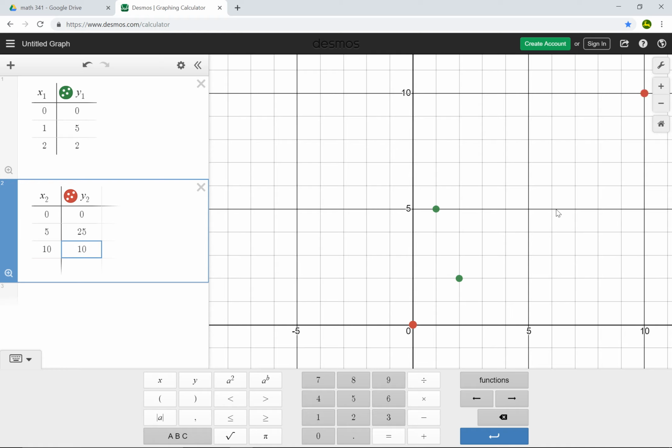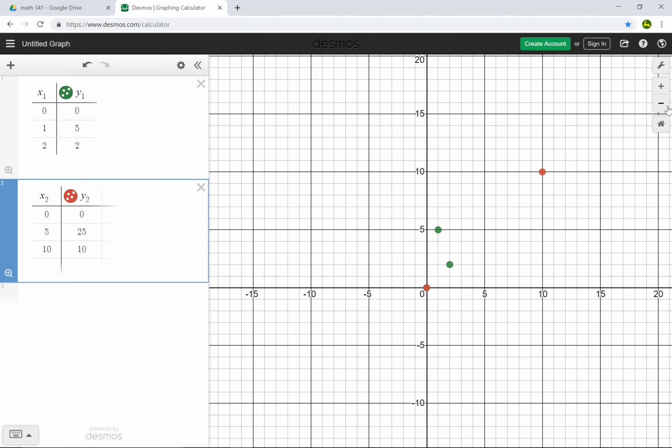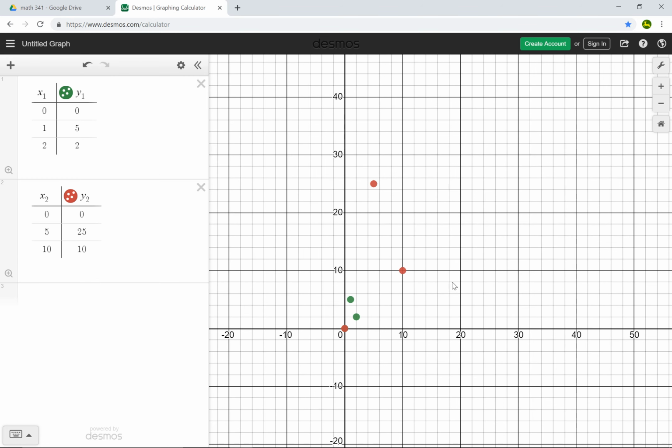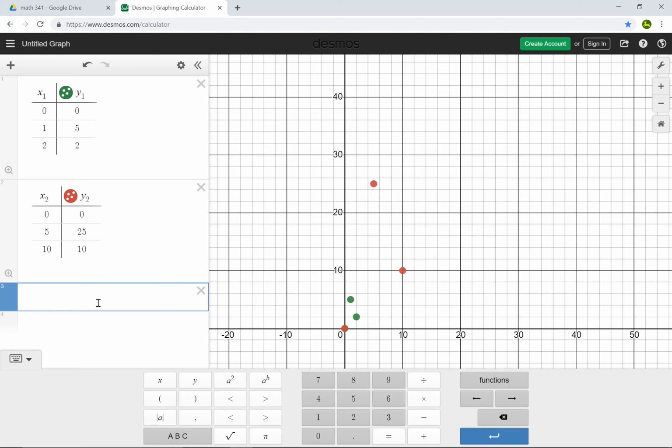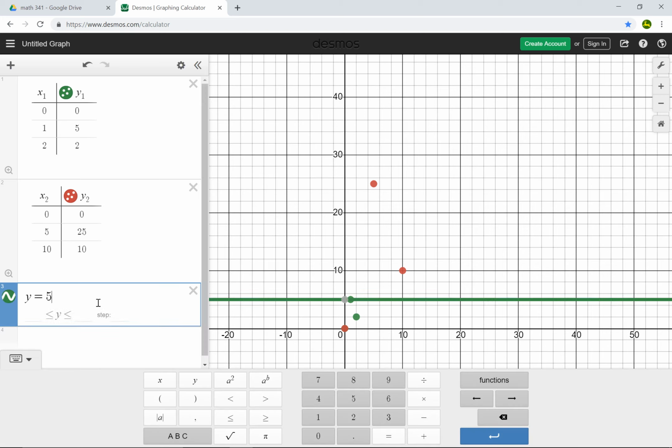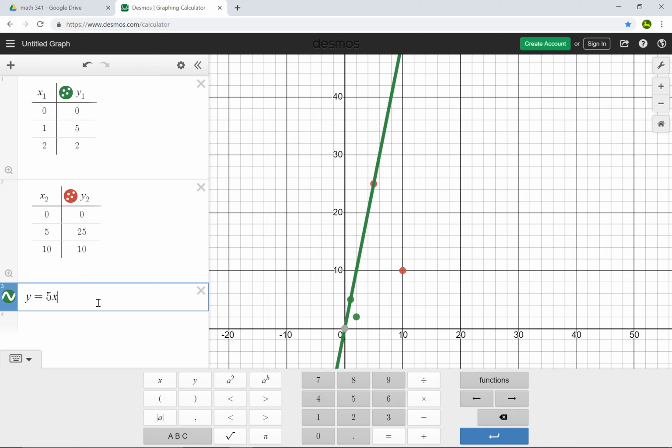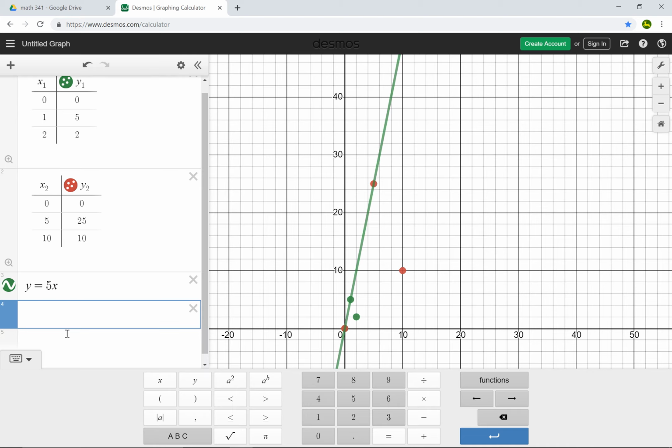And what you'll see is if you zoom out a ways, you can draw a straight line through here. And what is that line? Well, it should be y equals 5x, I guess. And then the other one would be y equals x, because it's still in the line y equals x. And you can see that they're all still on the same line.